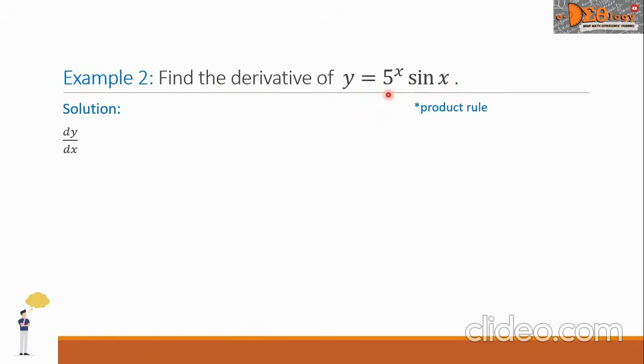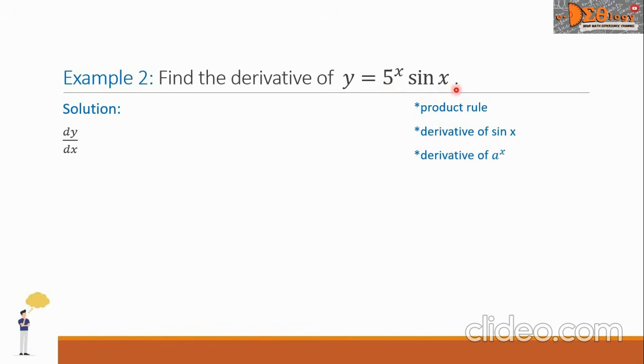The first function is 5 raised to x. The second function is sine x. Second, remember the derivative of sine x. And the third, remember the derivative of a raised to x. In this case, the a is equal to 5.